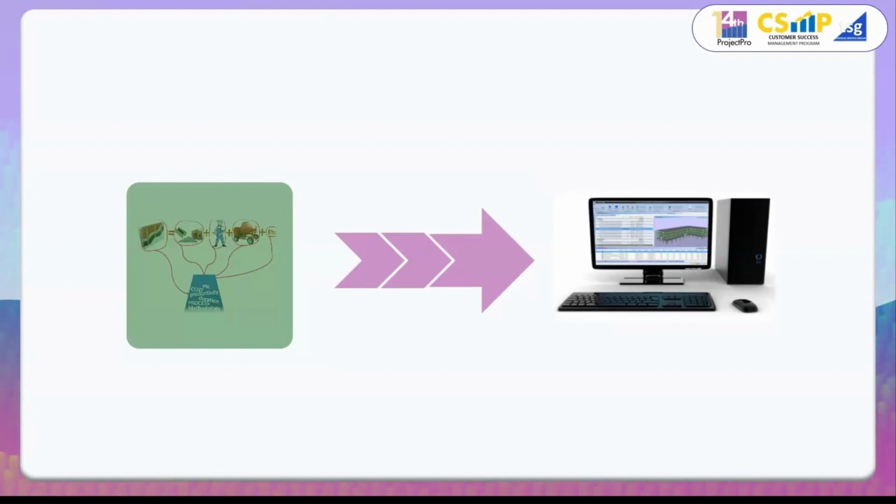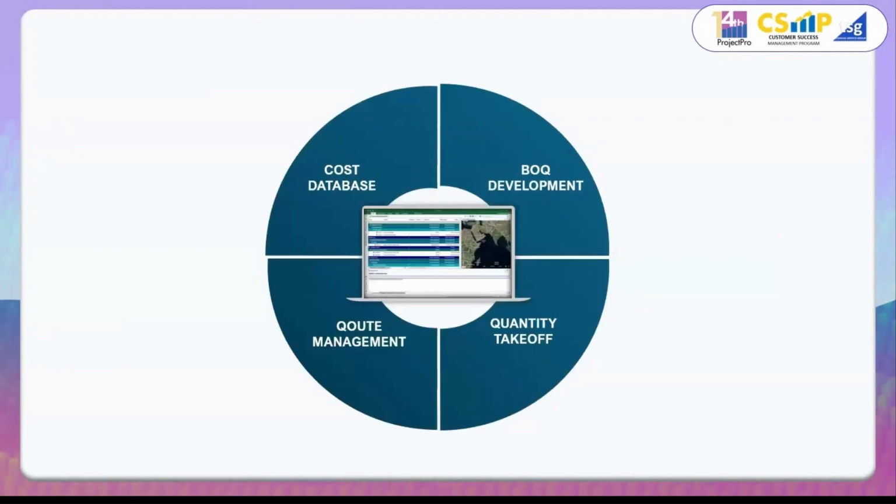Plus, of course, its features and functions that help you speed up the development of your DUPA. All right, so all in all, a system helps you, number one, to have a cost database, speed up BOQ development, speed up the quantity takeoff, and even manage your quotations in one single place.